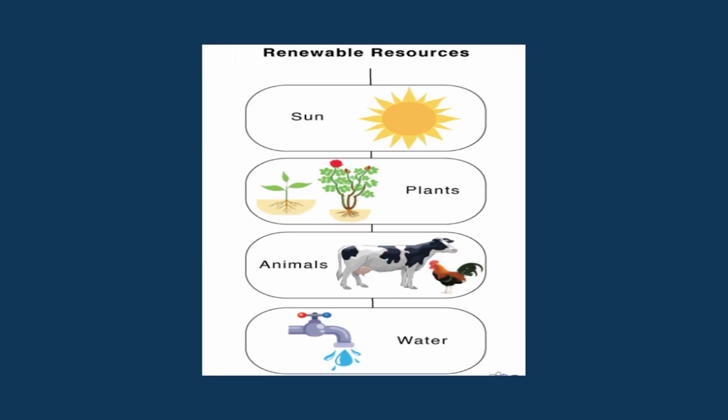Let us take the example of trees. Even if we cut down trees, trees have the ability to regenerate themselves. Same with fish also. Thus, they are called renewable resources because they can regenerate themselves.